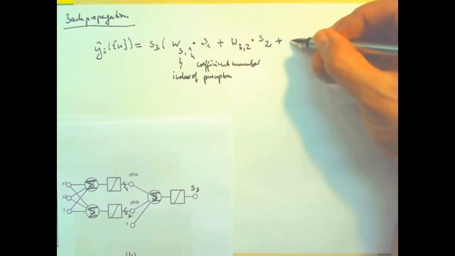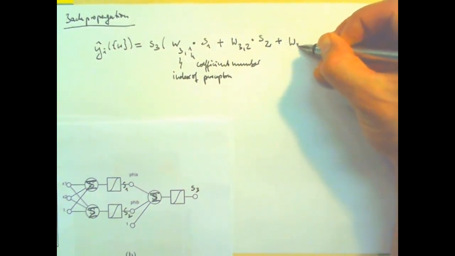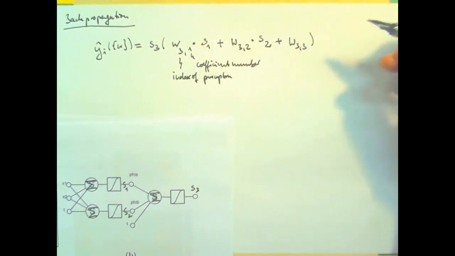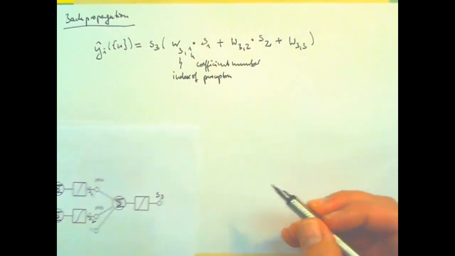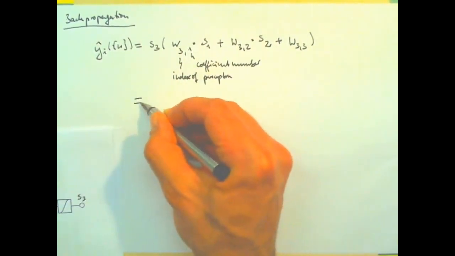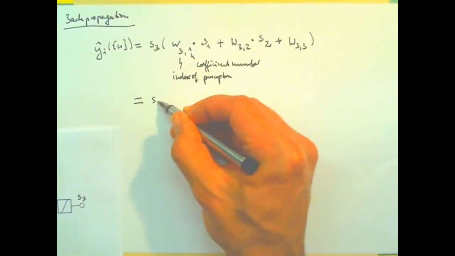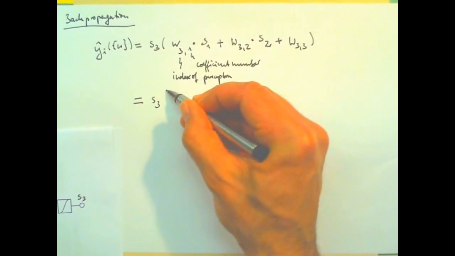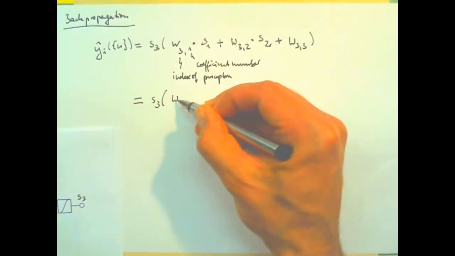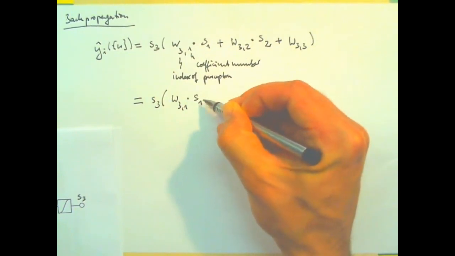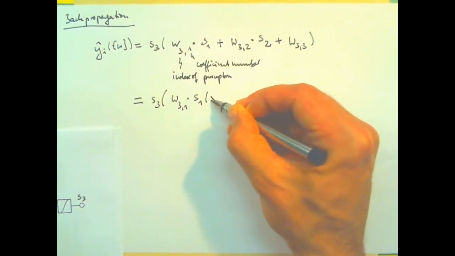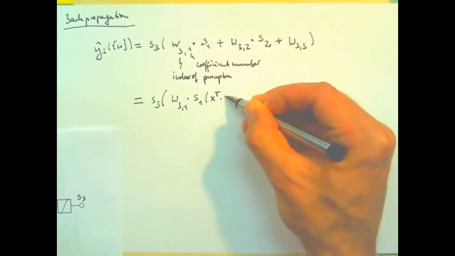So that's the output, and now I can iterate this. By replacing S1 and S2, I can say this is S3 of W3,1 times S1 of X transpose times W1.